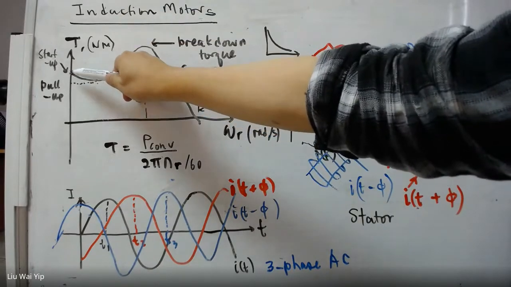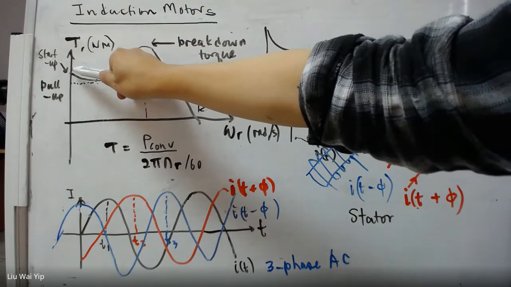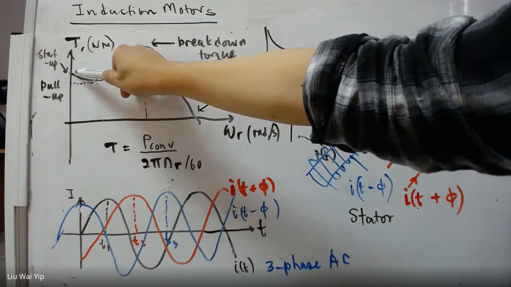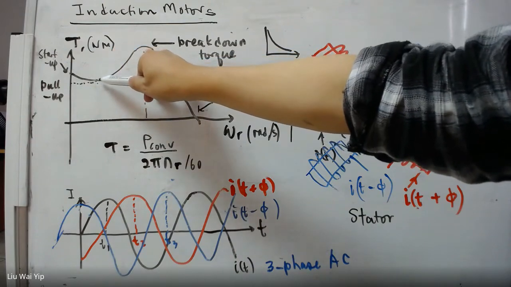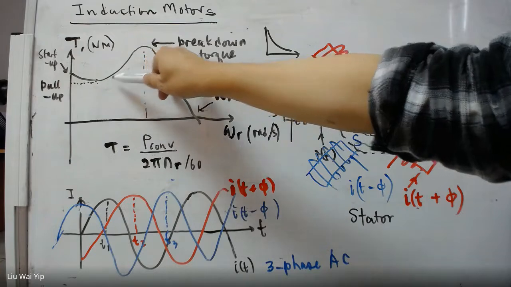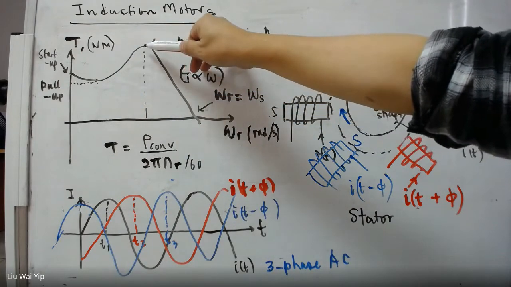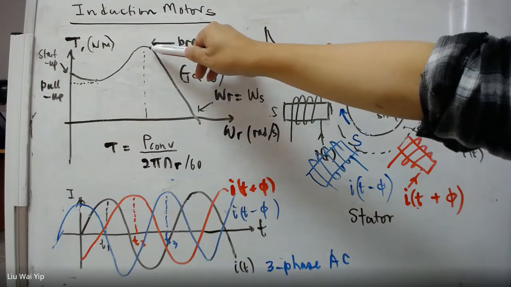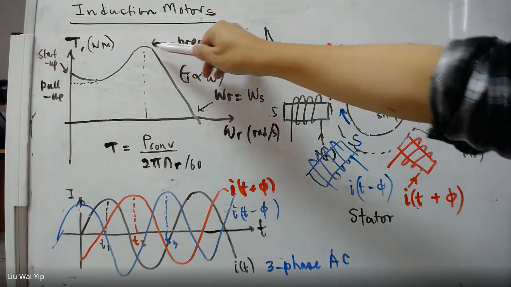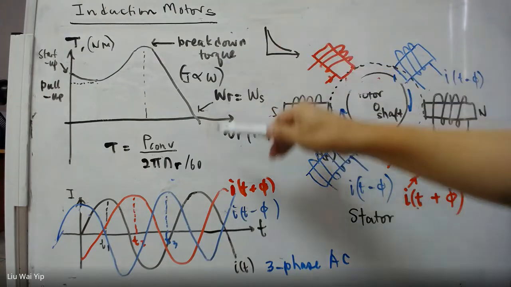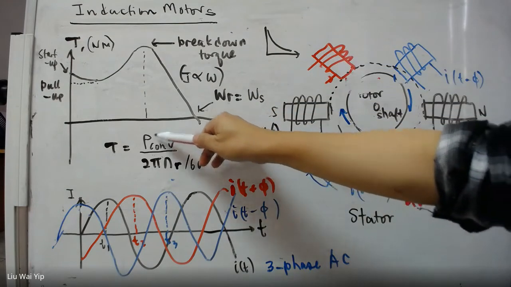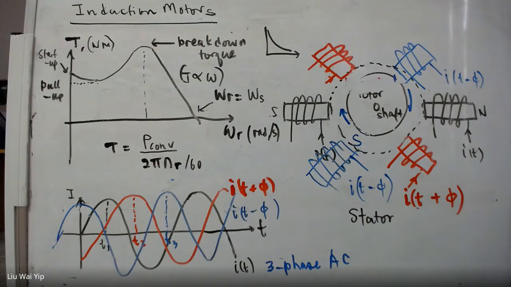The torque is going to go down a little bit, and then as the speed speeds up, the torque goes up as well until it reaches a maximum. And this maximum is so-called breakdown torque. So there must be something in the power converter.